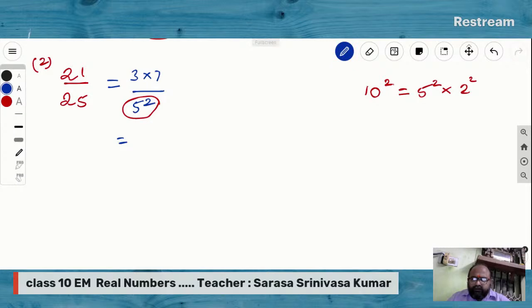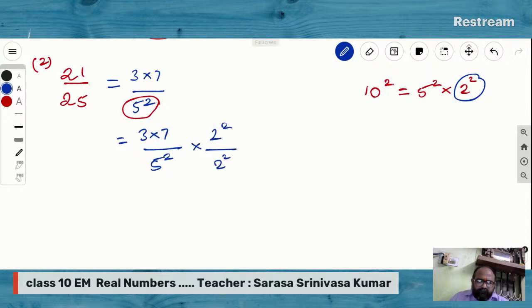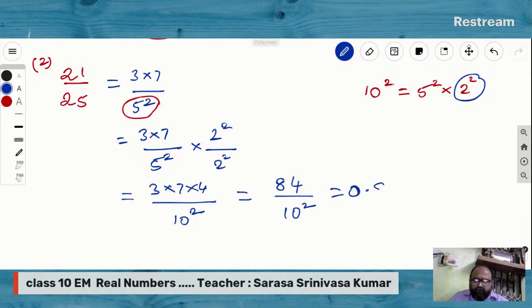When we multiply by 2 square, we get the denominator in the form of 10 square. So 3 multiplied by 7 by 5 square multiplied by 2 square divided by 2 square. This is equal to 3 multiplied by 7 multiplied by 4 divided by 10 square, equal to 21 fours, it is 84. 84 by 10 square equal to 0.84.